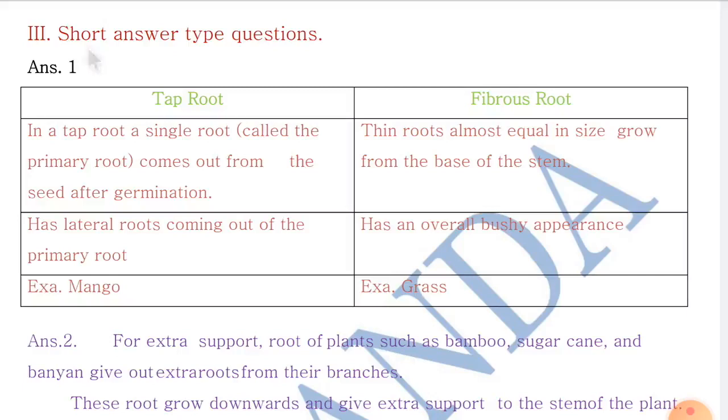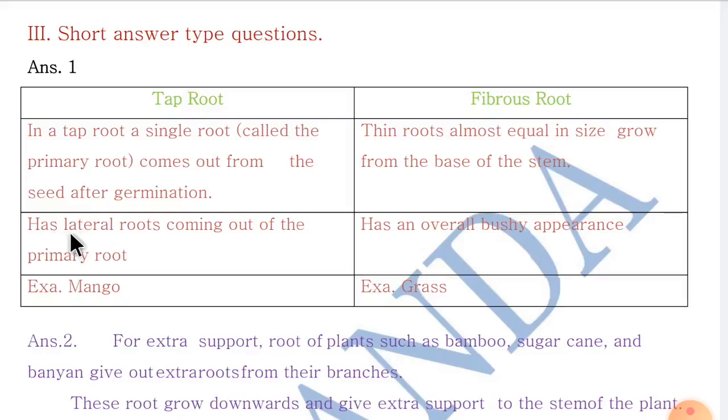Differentiate between taproot system and fibrous root system. Here I made a table for you so you can easily write or learn. In a taproot, a single root called the primary root comes out from the seed after germination. In fibrous root, thin roots almost equal in size grow from the base of the stem.